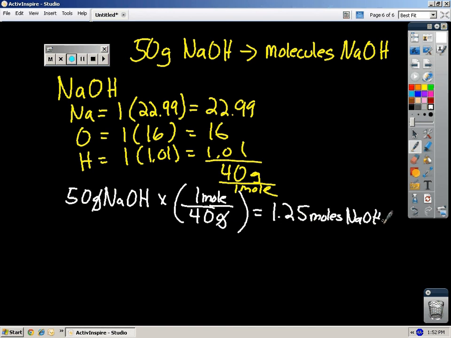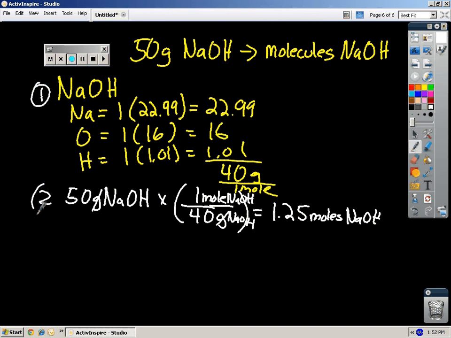Now, I should probably be a little bit more careful. Instead of just putting 40 grams, I should put 40 grams of NaOH in there for every 1 mole of NaOH. Because each atom or each molecule is going to be a different number, right? So you want to make sure that we're clear that this is for NaOH that we're dealing with. All right, good. So step 1 is to do this.